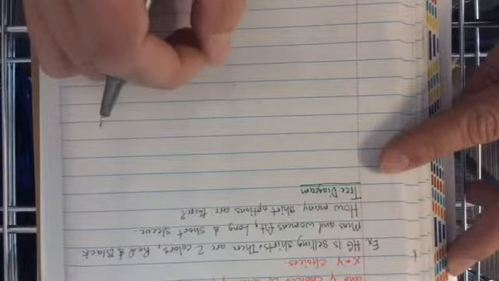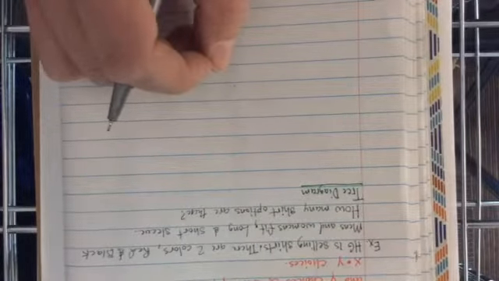For the sake of space, red shirts are going to be R's, black shirts are going to be B's, men's and women's M and W, long and short L and S, for the sake of space in our notes.